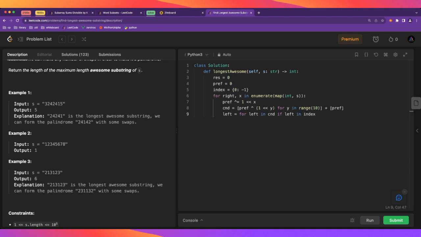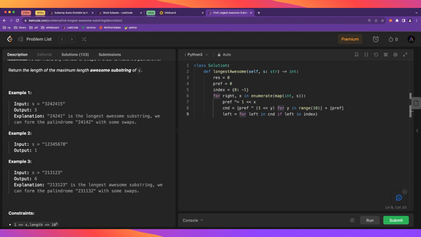Notice that there's always going to be at least one candidate left, because there's always an awesome string if you have only one character. That's always a palindrome. So for every right, there must be at least one candidate that is awesome. It could be short, only length 1, but there's going to be one.